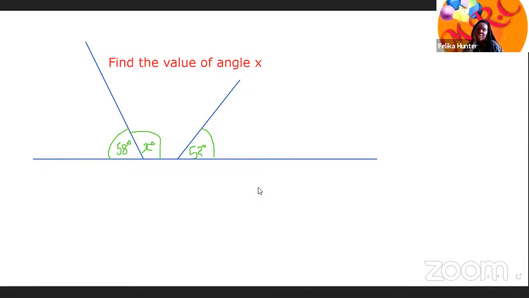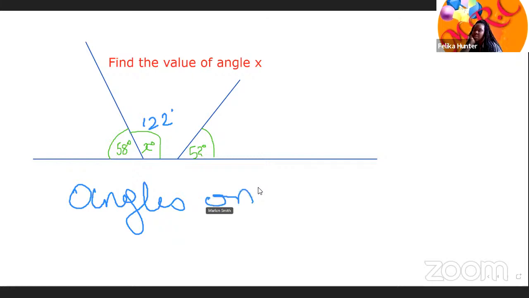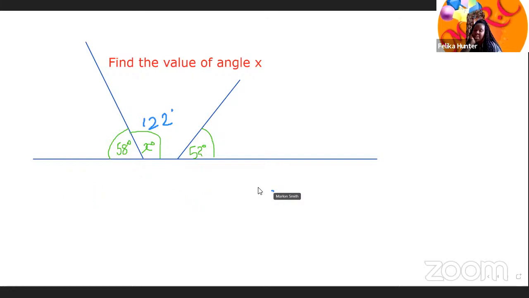Okay, so we've got 122. Please show working on screen, Marlon. So go ahead and show working. Somebody said 122. Do you agree with that? Does everyone agree with that? Use the angle symbol, rub that out for me. You're going to write X equals first, X equals.